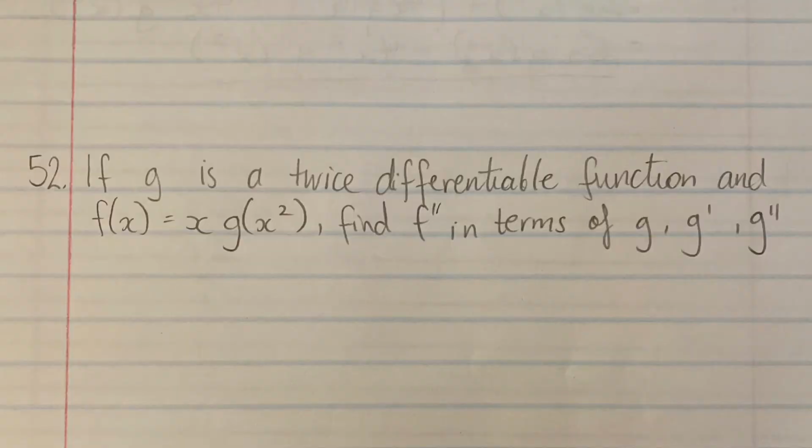Basically the question says, if g is a twice differentiable function and f of x equals x g of x squared, find f double prime in terms of g, g prime, and g double prime. So essentially what this question is asking us is to find f double prime.